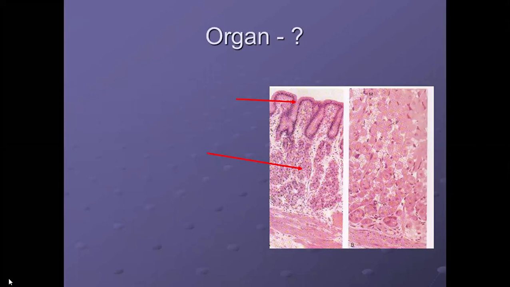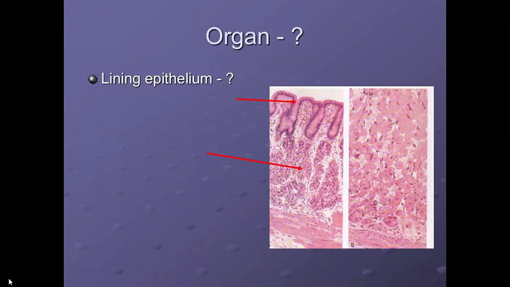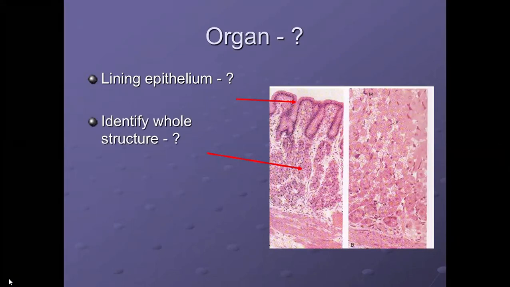Baka kayo nagkukopya, tumitingin sa libro. Anyway, what is the lining epithelium? Lining epithelium, ayan, klarado, diba? And then identify the whole structure, pointed. Next, characteristic cell.